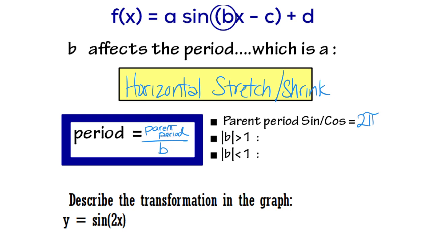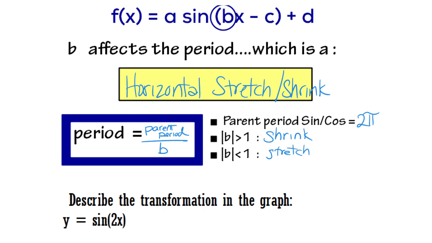And so as b gets larger than 1, the bigger it is, it's actually a shrink. So if you are dividing by the 4, then your period would shrink by a factor of 1/4. All right. If b is smaller than 1, like maybe it's a 1/4, that's actually a stretch. It's going to be stretched 4 times longer.